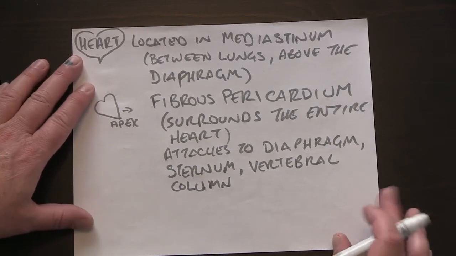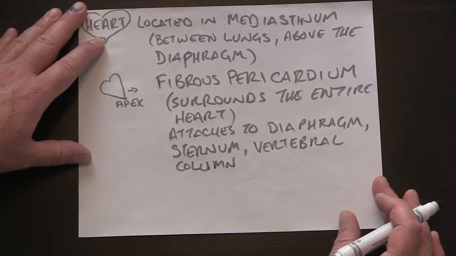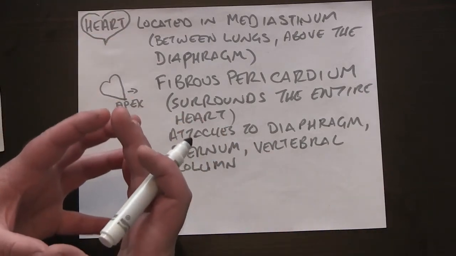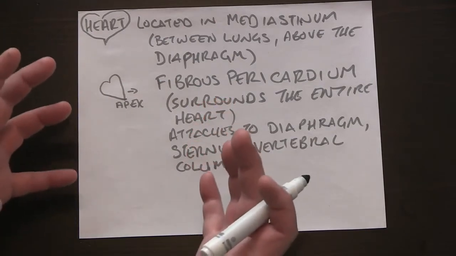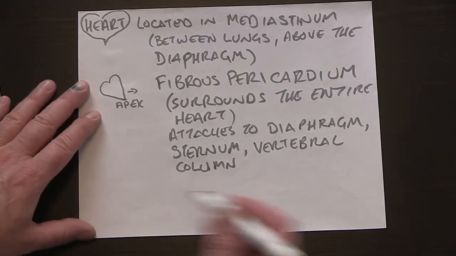Now, if you remember, there are two layers, one that surrounds the outside of the organ itself, and then another layer that lines the cavity that the organ is sitting in. Remember I brought in cling wrap and showed you how that works?